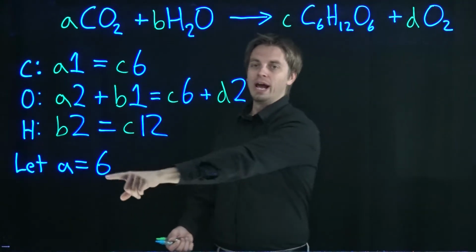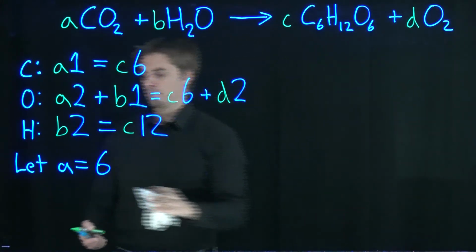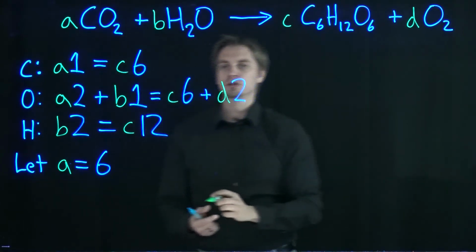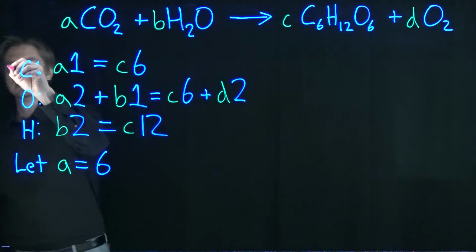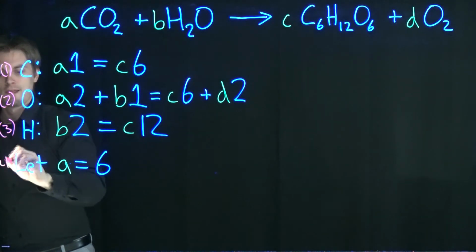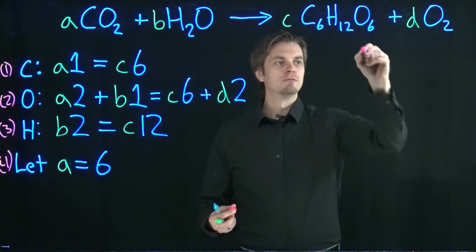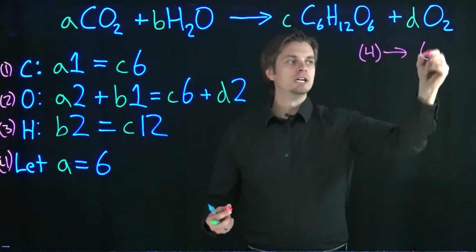So we already know A. We're assuming A here to be 6. So if A is 6, we can use our first equation. And we can go ahead and number these to make it a little bit easier to follow what we're doing. Okay. So we can use our equation 4 and plug equation 4 into equation 1.